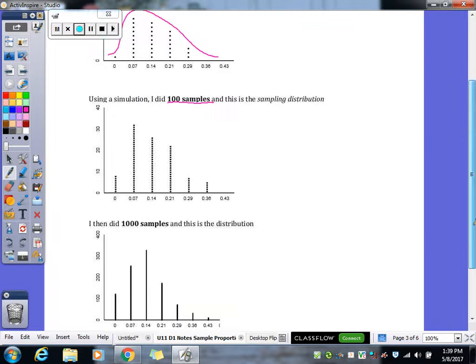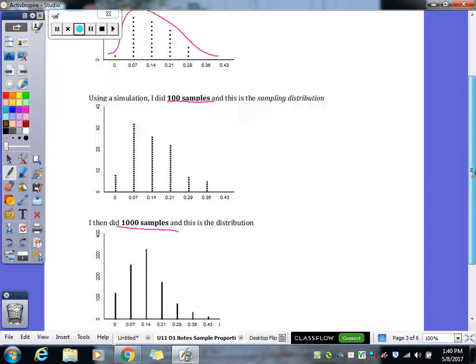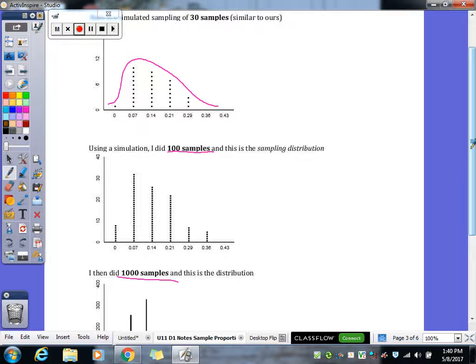Okay, what if we went down here? Here is 1,000 samples. Kind of stayed the same, but let's look at this again. If we were up here, what would we say our p-value would be approximately, looking at this one?